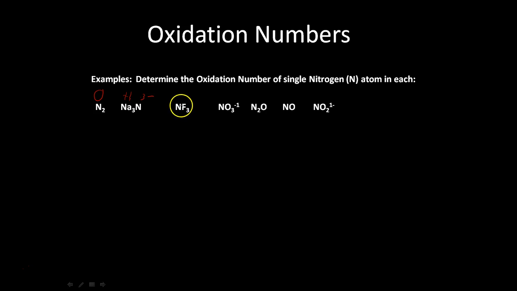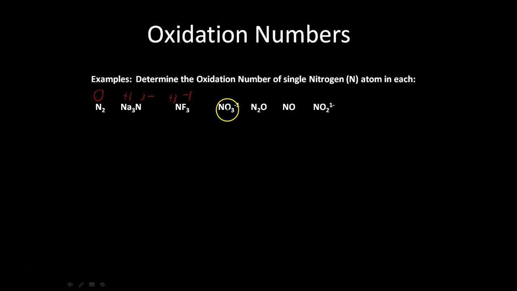Now fluorine, remember the oxidation number for fluorine is always -1, and there are 3 of them in this compound, so that means the nitrogen has to be +3, because the overall charge needs to be 0.